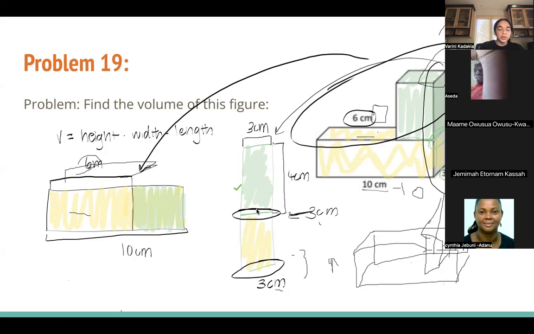So we know that this entire yellow part is 10 centimeters, and we're given in the problem that the remaining part, not including the green part, is 6 centimeters. If that's the case, then this portion is 4 centimeters, because the side lengths have to be equal, right? So now we have all the dimensions that we can use to solve for our total volume.